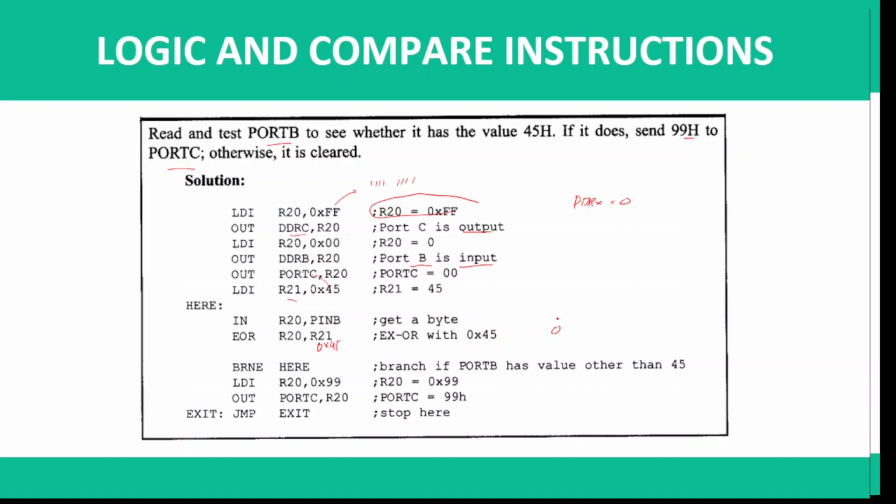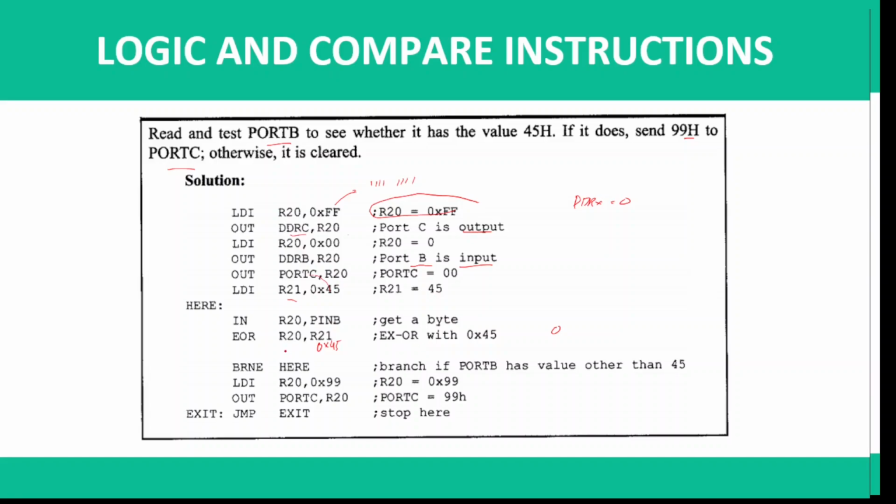Since we know for a fact that with exclusive OR, having two registers with the same inputs will have an output of 0. Otherwise, if their inputs are different, the output will be 1.